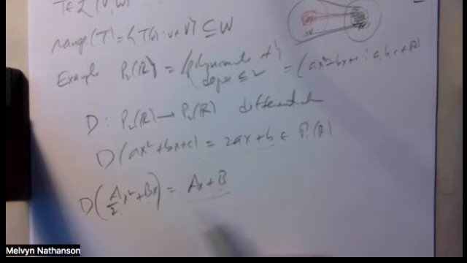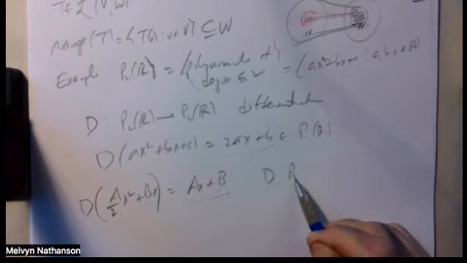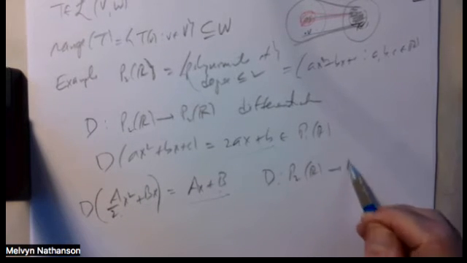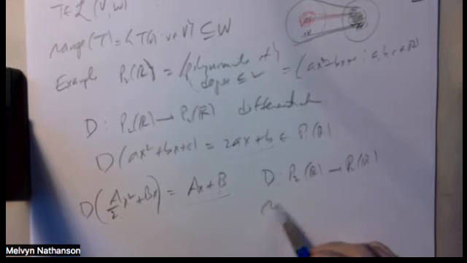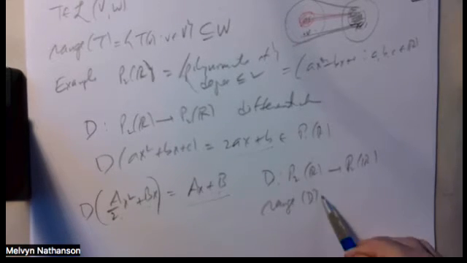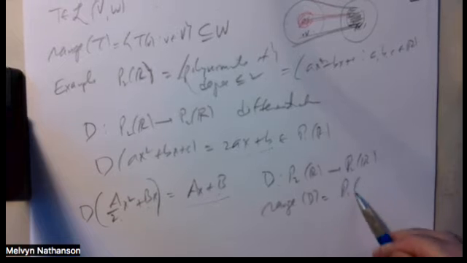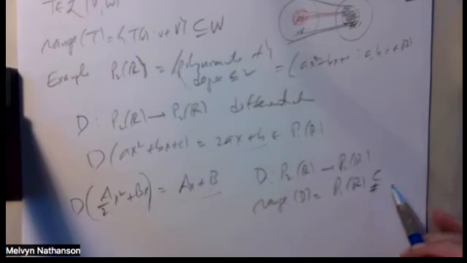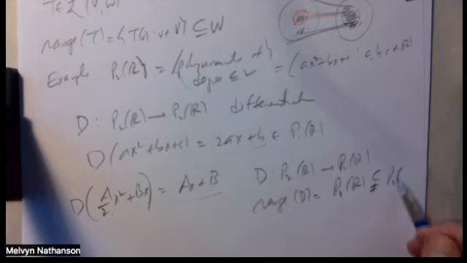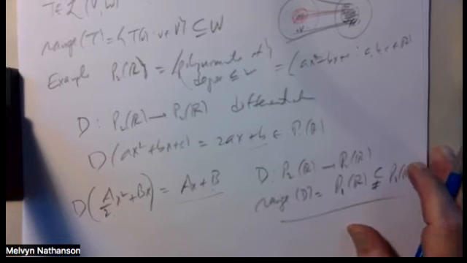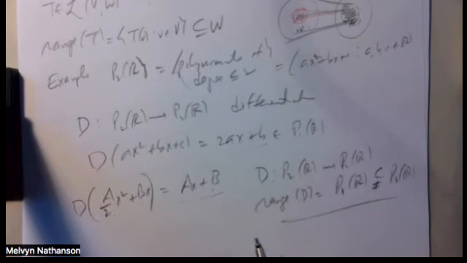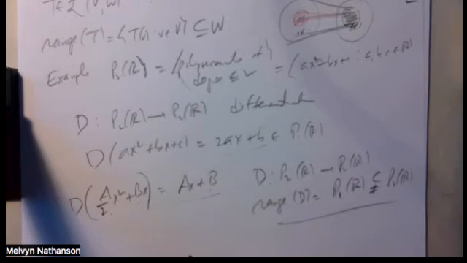So if I look at this function, differentiation from quadratic polynomials to quadratic polynomials, the range of D is the set of all linear polynomials. It's a proper subset of the set of quadratic polynomials. So just this fact from elementary calculus that the derivative of a quadratic polynomial is a linear polynomial allows us to say exactly what is the range of this differentiation function in this example.